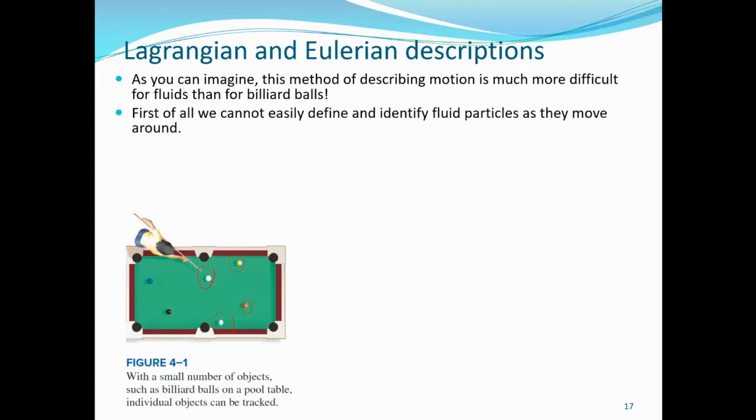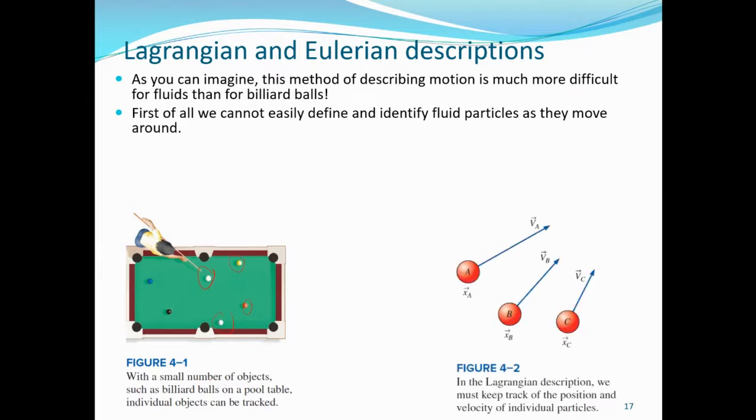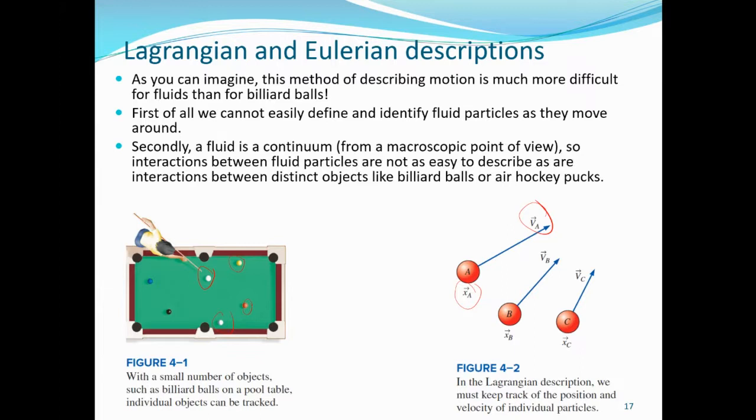First of all, we cannot easily define and identify fluid particles as they move around. With the Lagrangian approach, we need to keep track of each of these particles, their position vector as well as velocity vector, as they move around. And this becomes a Herculean task.